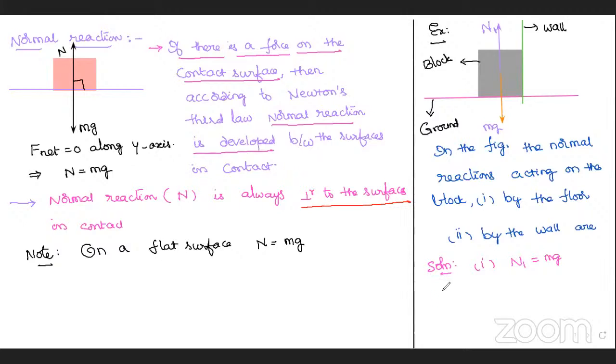Yes, yes. So for the second one, don't say it will be perpendicular to the wall. You are just looking at the second point: perpendicular to the surface, of course, towards the body. If you say this is N2, obviously the answer is wrong. You are focusing only on the second point, not on the first point, whatever I wrote here. This is what I called the litmus test.